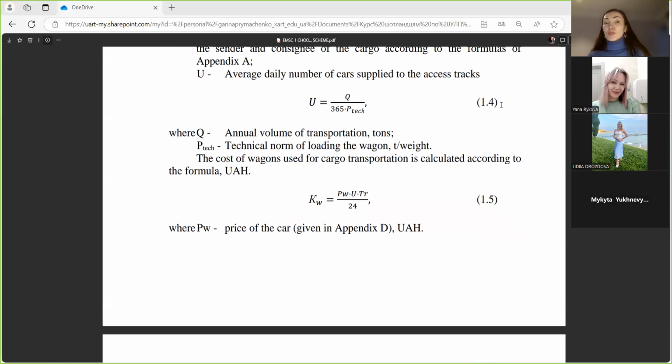And all this multiplied, we divide by 24. 24 means that we have 24 hours every day. Calculate it now. The result will be in hryvnias and we leave 2 points after comma. It's enough.